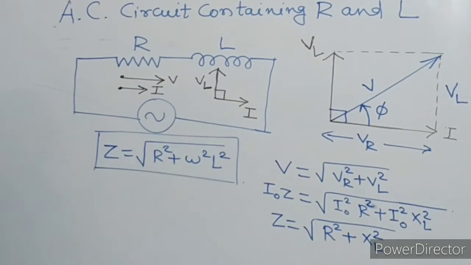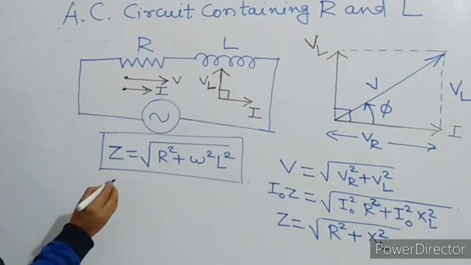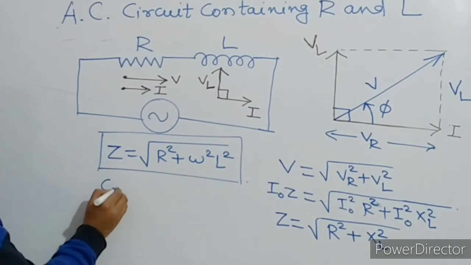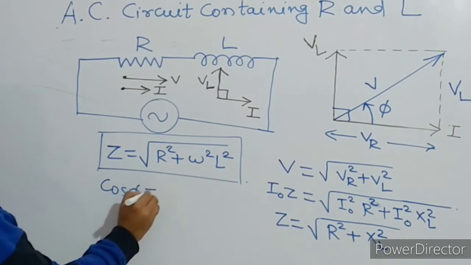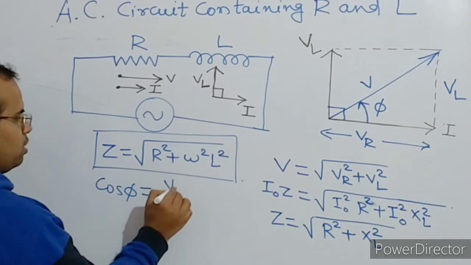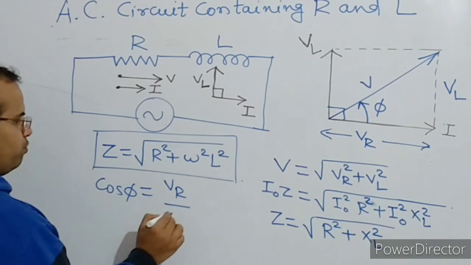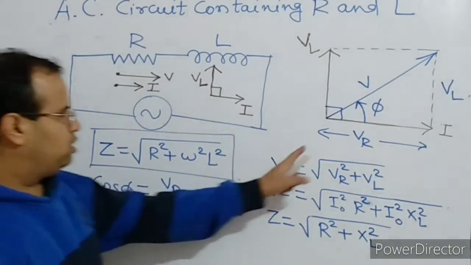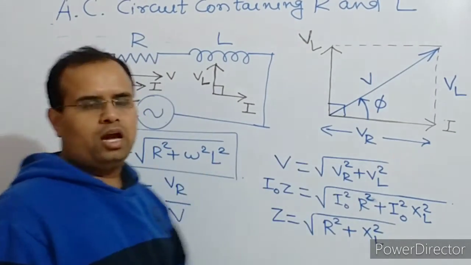If you want to find this phase angle phi here, you can find cos phi equal to VR upon V, where VR is the base and V is the hypotenuse.